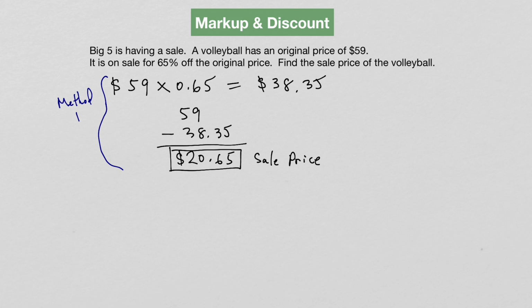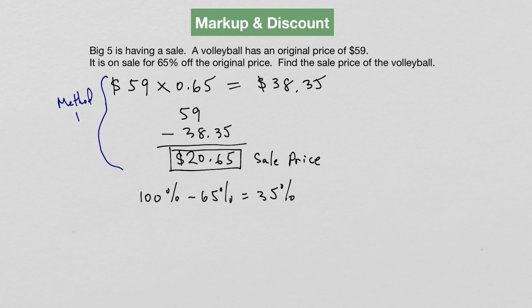The second way to do this is involving percentage. Okay, so this requires a little bit of logical thinking, but if you do it this way, the calculation is actually much easier. And here's what I mean. So if the sale price is 65% off, then what that means is that the customer is going to pay 100% minus 65% or 35% of the original price.